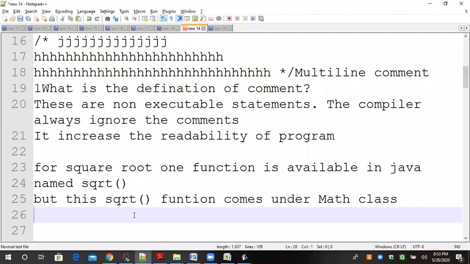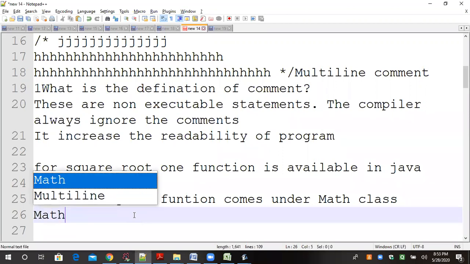Math.sqrt. What is Math? I am asking, what is Math? Math is a class, and every class in Java starts with a capital letter. So Math.sqrt.